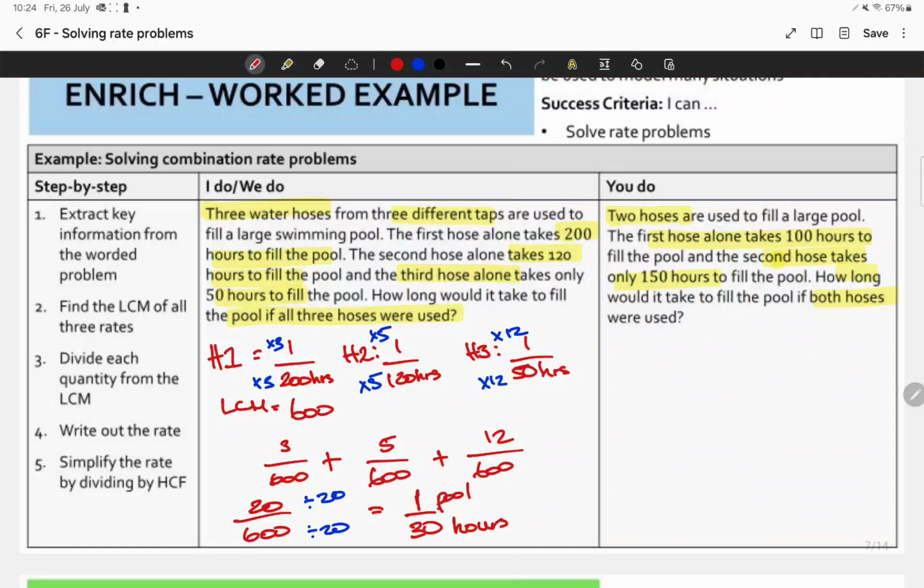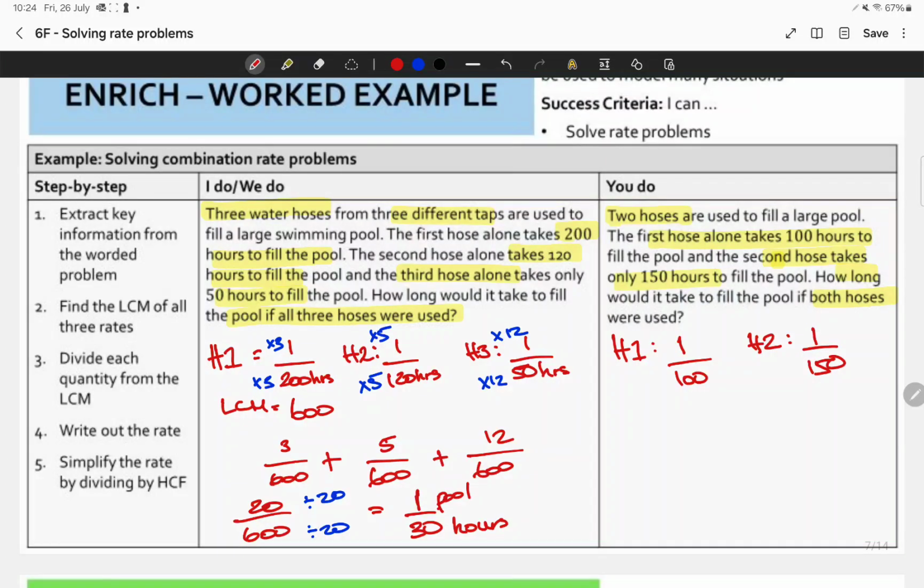Okay, so let's label it here. We have hose 1. It takes hose 1 100 hours to fill up the pool. Hose 2, it took 150 hours to fill up the pool.